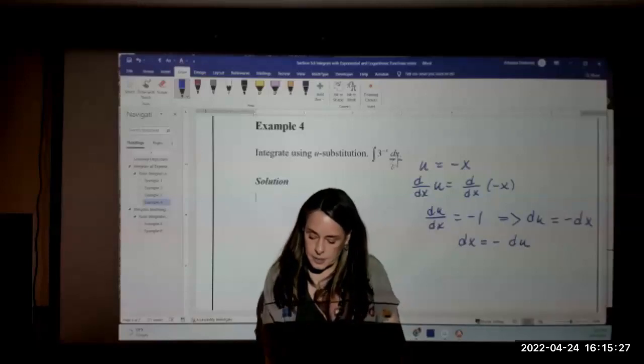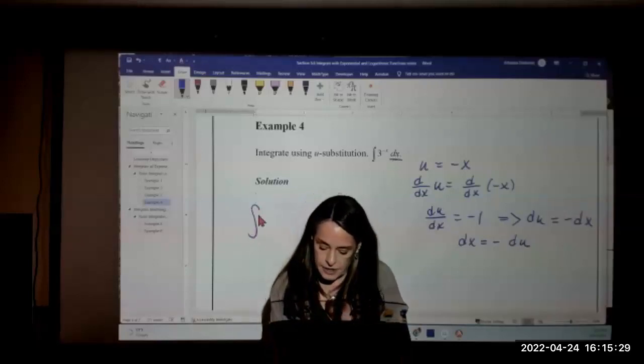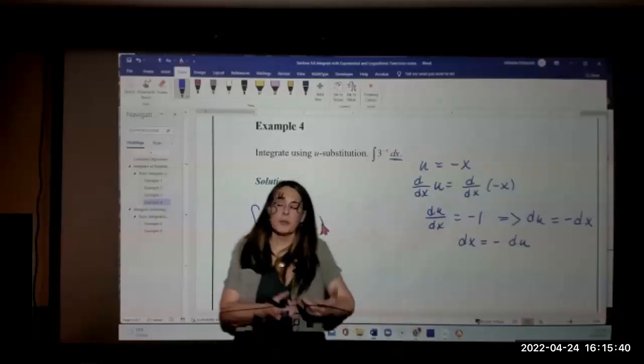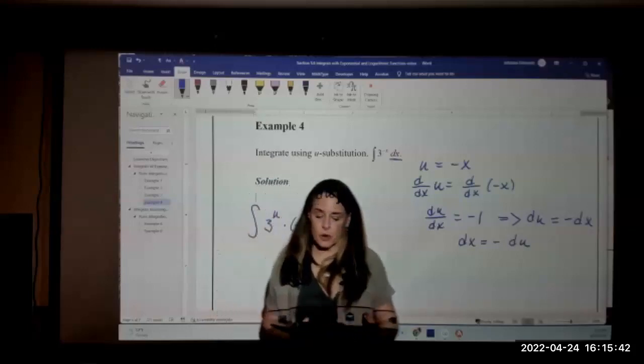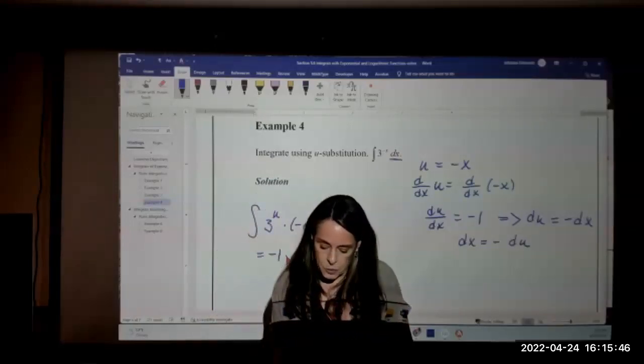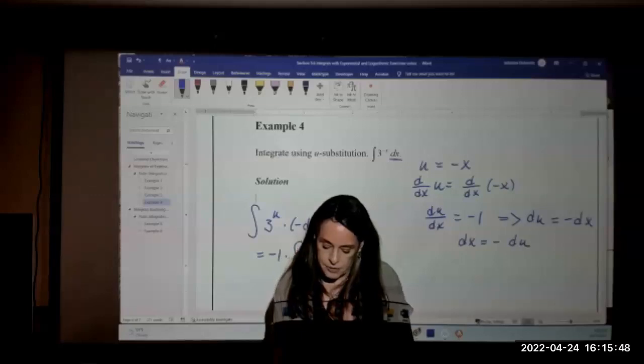So now we want to substitute the pieces that we have. So we have the integral of 3 to the u, and we replace dx with negative du. The negative becomes a constant, which can be pulled to the front as a -1. This becomes basically -1 times the integral of 3 to the u du.